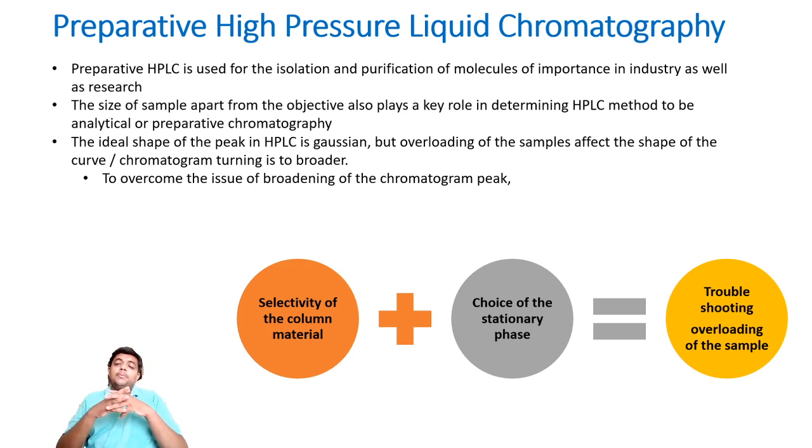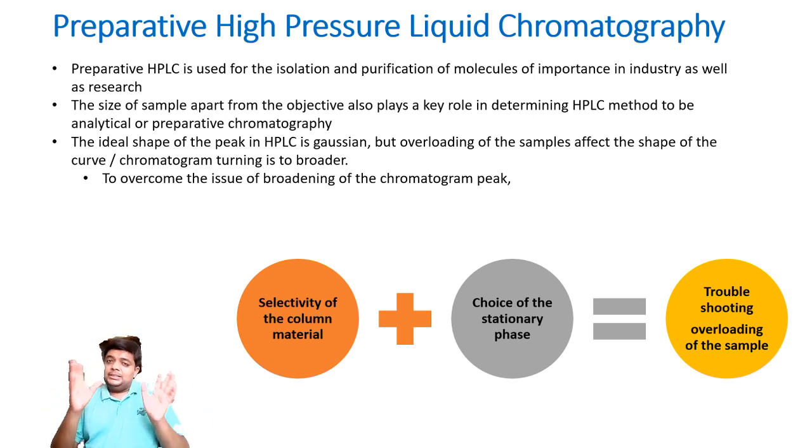The ideal shape of the peak in an HPLC is a Gaussian curve, but overloading of the sample affects the shape of the curve, making it broader. To overcome this broadening issue of the chromatographic peak while performing preparative HPLC, the selectivity of the column material is very, very important. That selectivity of the column material is nothing but the choice of a stationary phase.